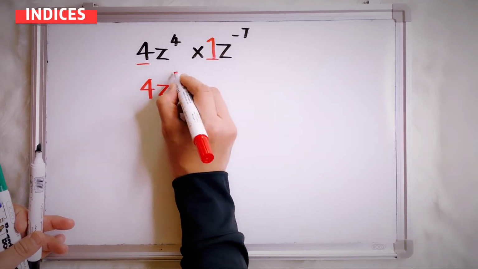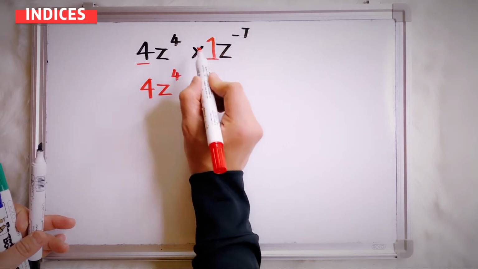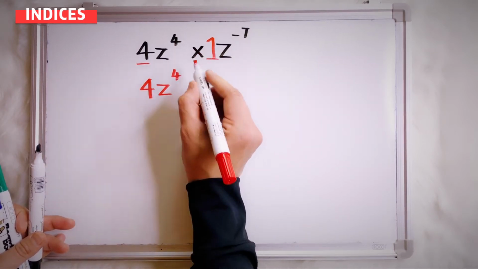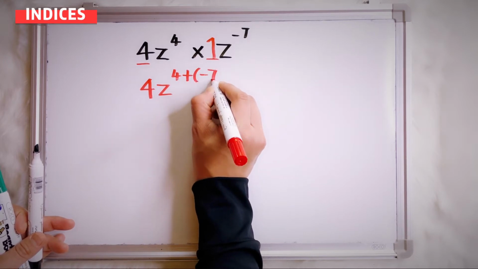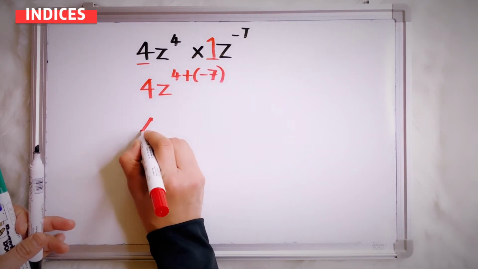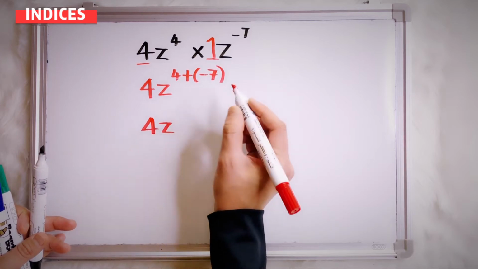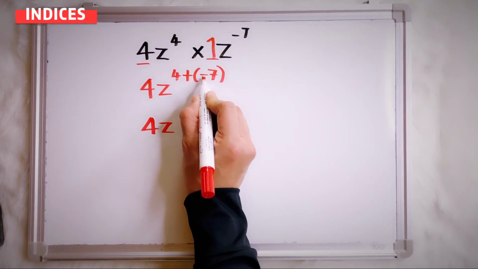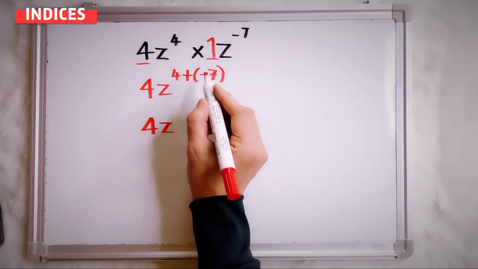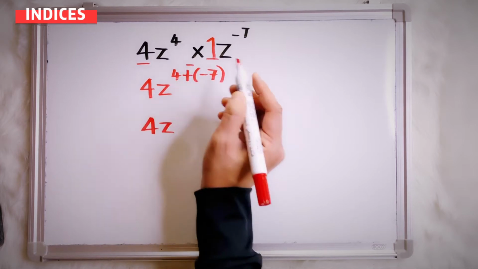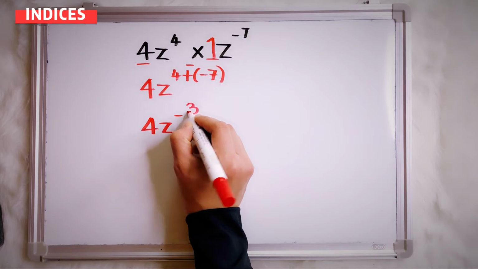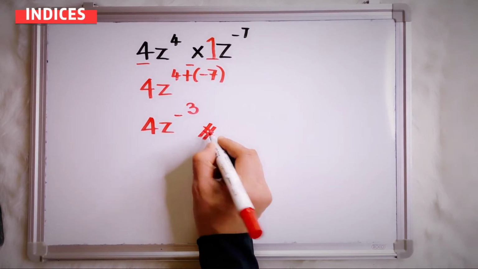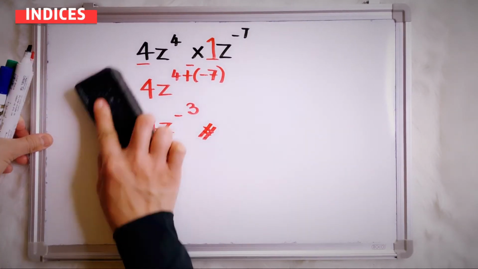Your z now, power of 4. Remember, multiply means plus. Plus negative 7. So 4 minus 7, it will be negative 3. Alright, easy? Okay, proceed.